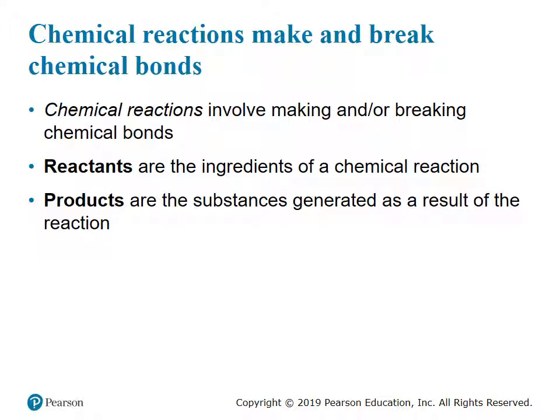Okay. So yeah, it takes a while for us to get to this point, but we're here at this point, the reactions, right? Okay. How chemicals interact with each other. Chemical reactions all involve making and breaking chemical bonds.